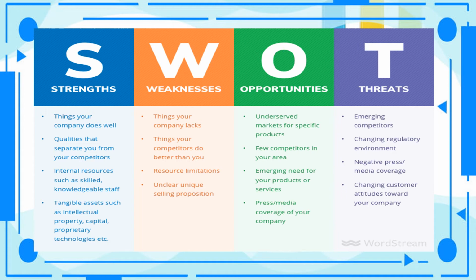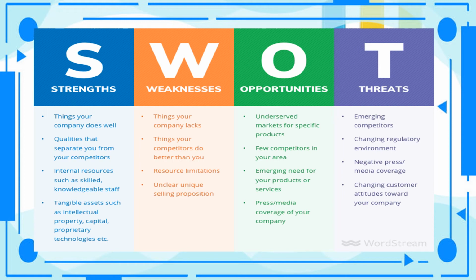Then for the weaknesses, these are the things that your company lacks. These are also the things your competitors do better than you, the resource limitations, and an unclear unique selling proposition. Then for the opportunities, these are the underserved markets for specific products, few competitors in your area, an emerging need for your products or services, and press or media coverage of your company.